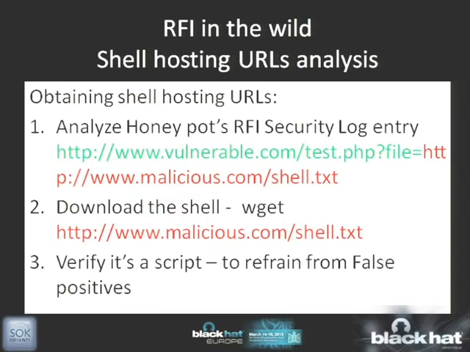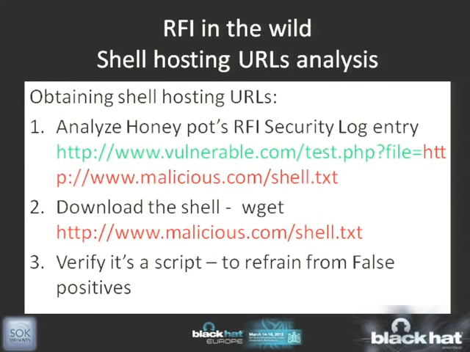Another analysis we conducted was of the shell hosting URLs. When we saw an RFI attack in the security log, the shell code is hosted at a URL, presented in red in this slide.